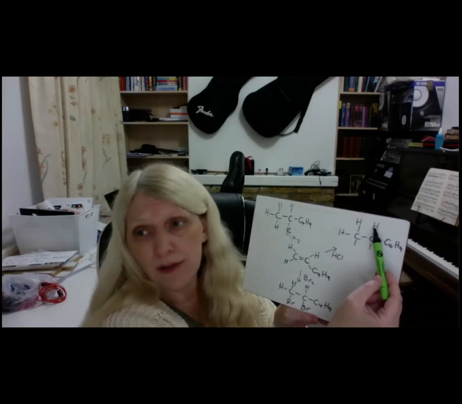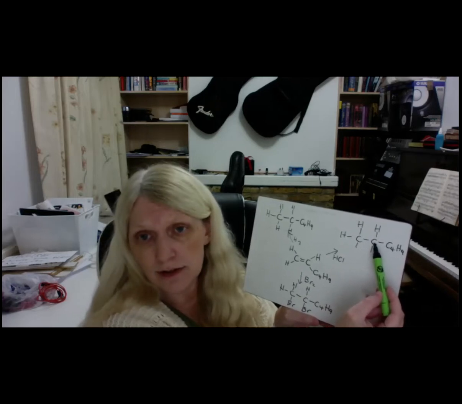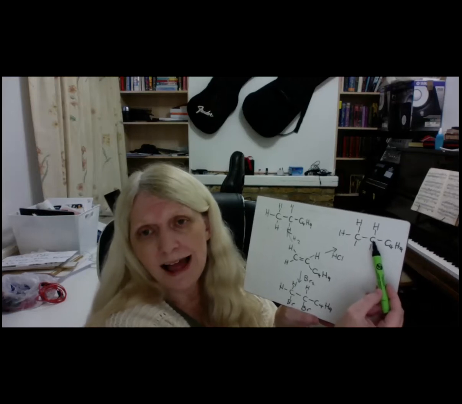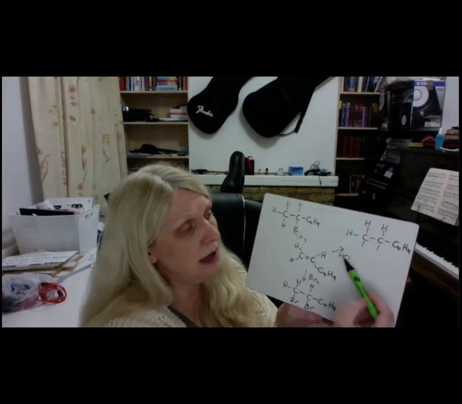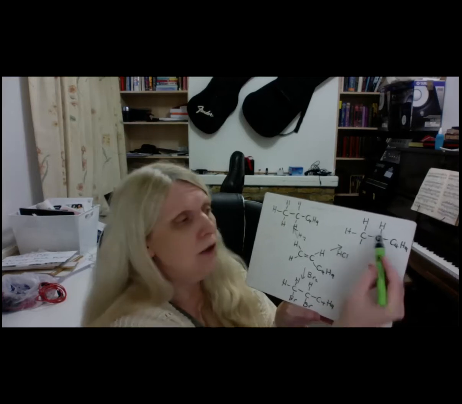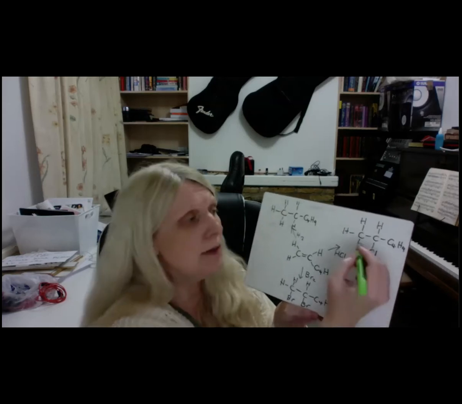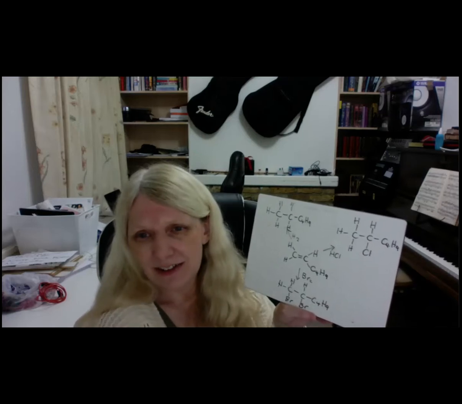This carbon only has 1 hydrogen. So this carbon is the least hydrogenated carbon. So the thing that isn't hydrogen will add to the least hydrogenated carbon. What's the thing that isn't hydrogen? It's the chlorine. So the chlorine will add to the least hydrogenated carbon, and the hydrogen will add to the other one. And that gives us our answer.